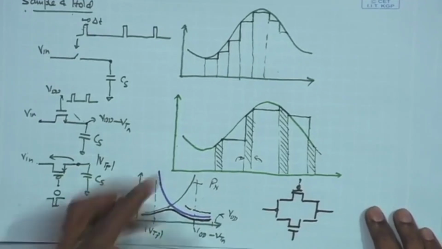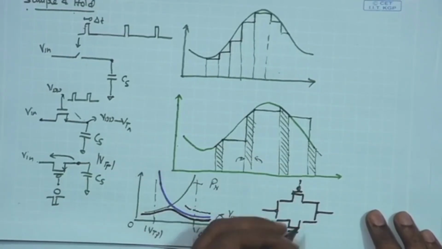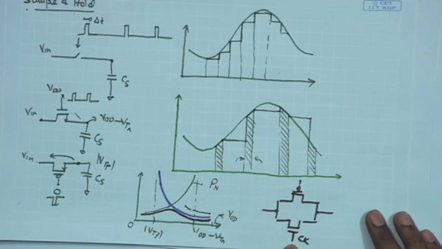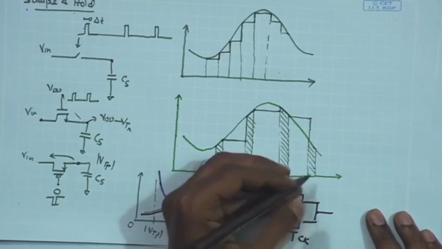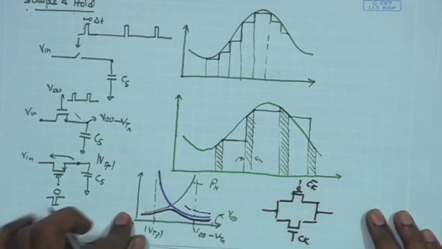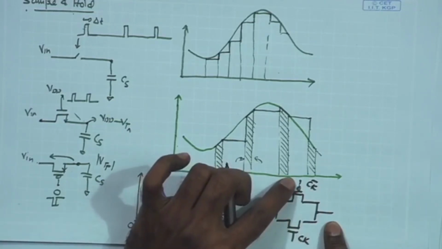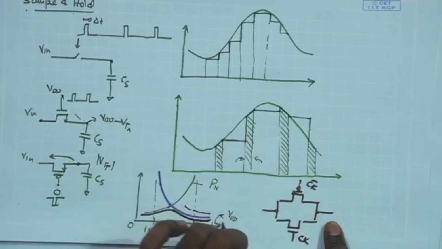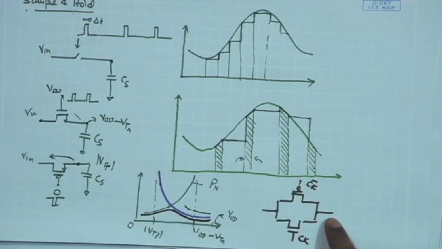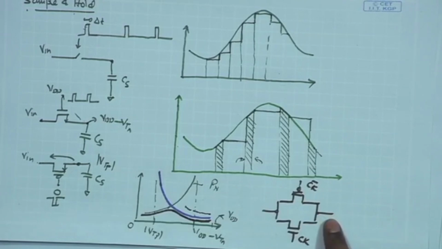where you can have a clock signal going to the gate of NMOS, which will turn it on, and at the same time you have the clock bar going to the gate of PMOS, because when the NMOS is turning on, you also need to turn on the PMOS simultaneously, and therefore, you need the inversion of the clock signal as a clock bar demarcated over here.